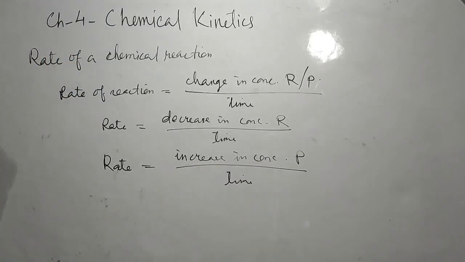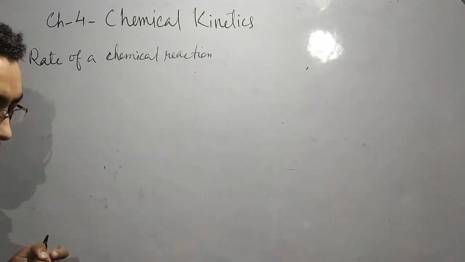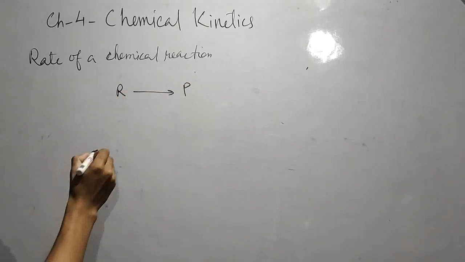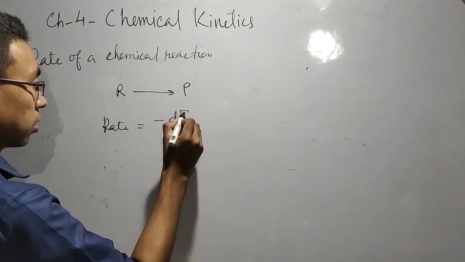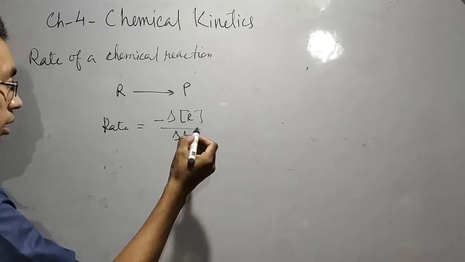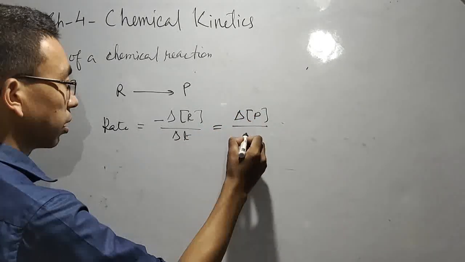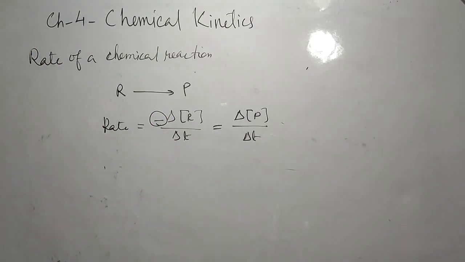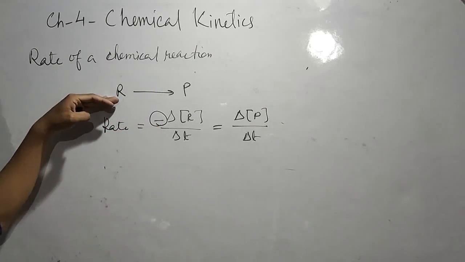Let us take one example. Suppose reactant gives product, then the rate is given by minus delta R divided by delta T, or in terms of product we can write delta P divided by delta T. Here the negative sign represents the decrease in the concentration for reactant, because when the chemical reaction is in process, the concentration of reactant will decrease.